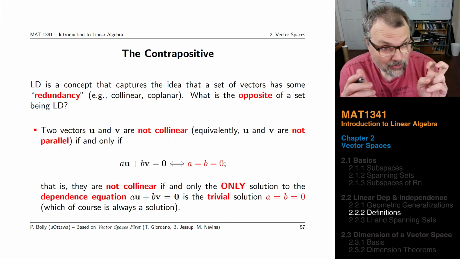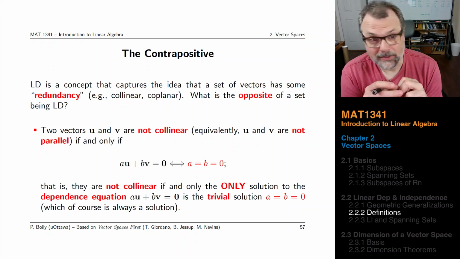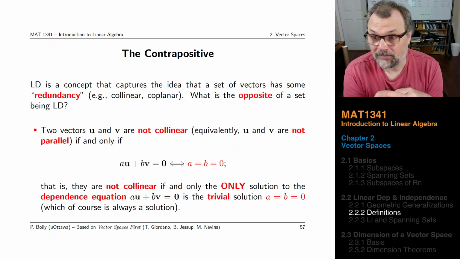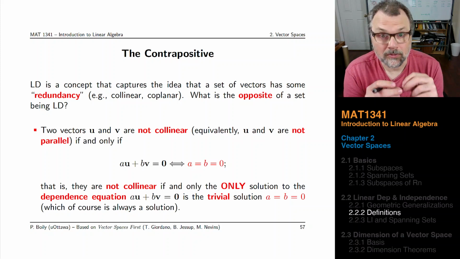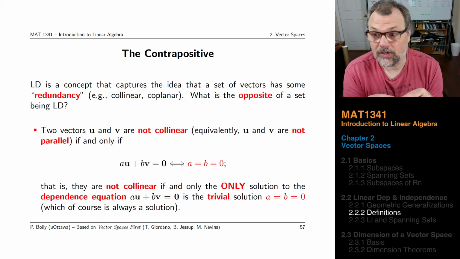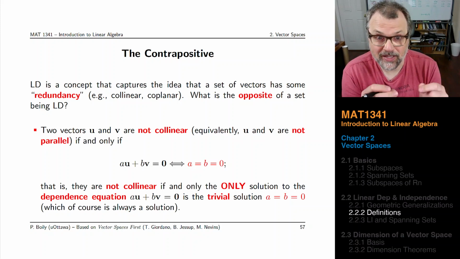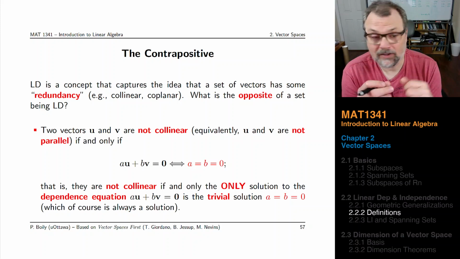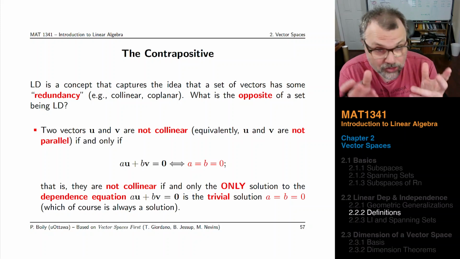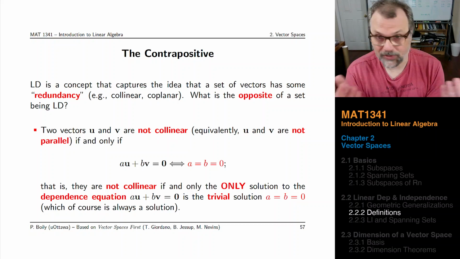So I gave you the definition of linear independence by saying that vectors are linearly independent if the only solution to the dependence equation is the trivial solution. Let's see if we can recognize that this definition is in fact the opposite of that of linear dependence. English tells us that they're supposed to mean opposite things.